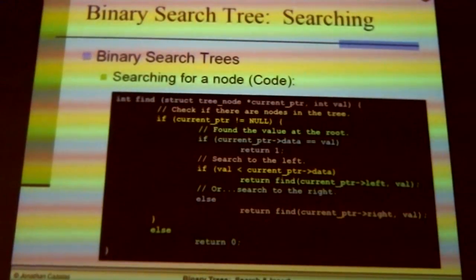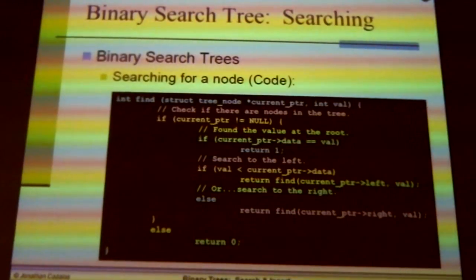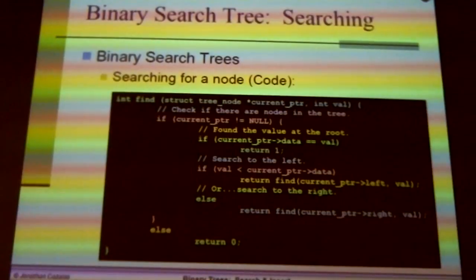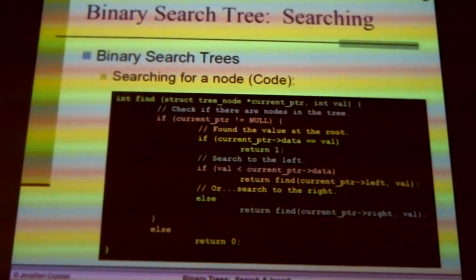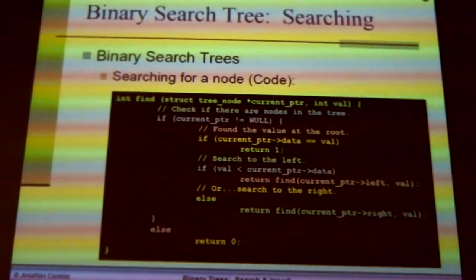So if this is true, then we are saying that the value I'm looking at is less than my root node the first time through. So then we do a return, and we call ourselves again.